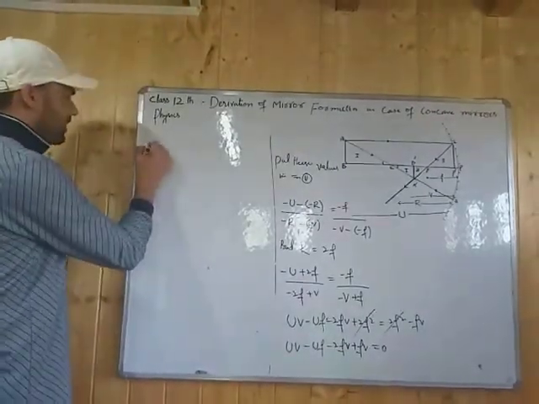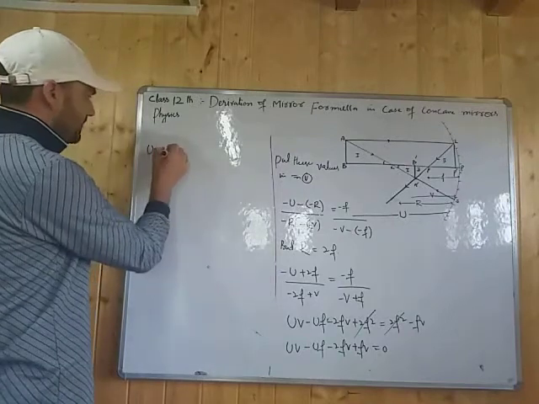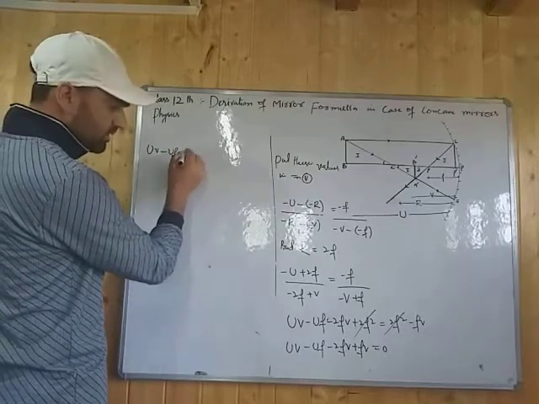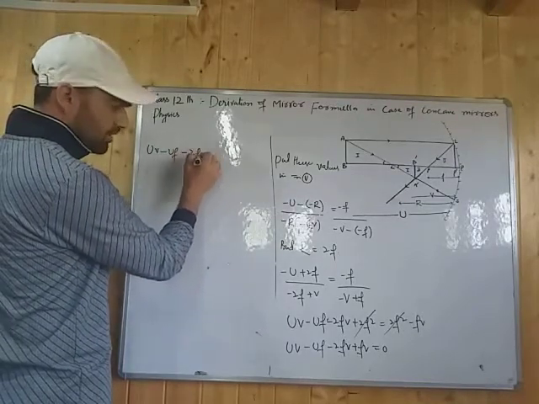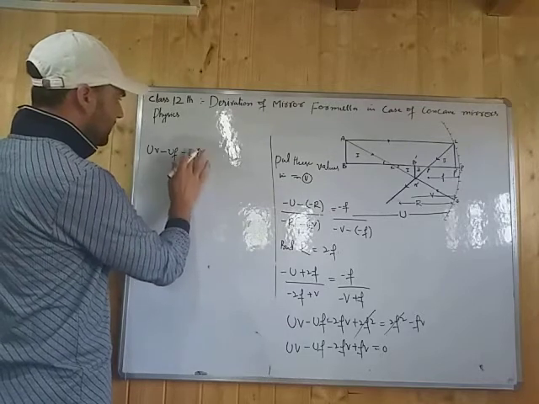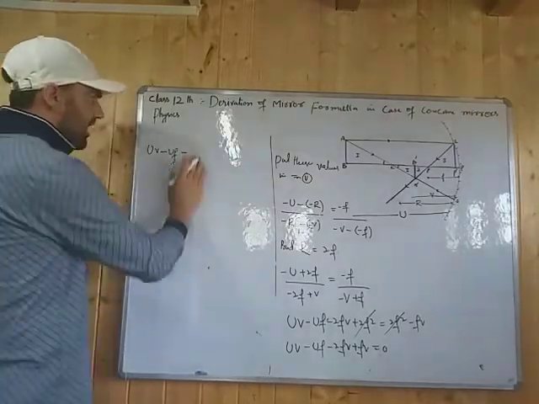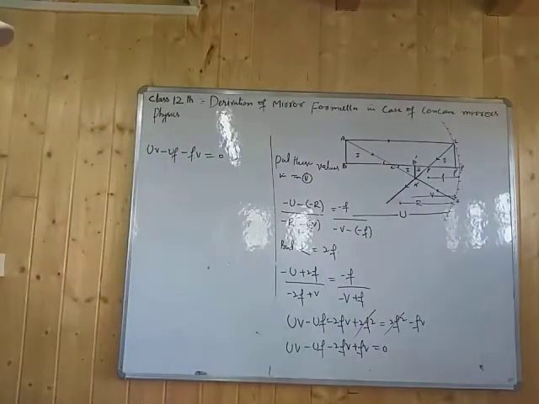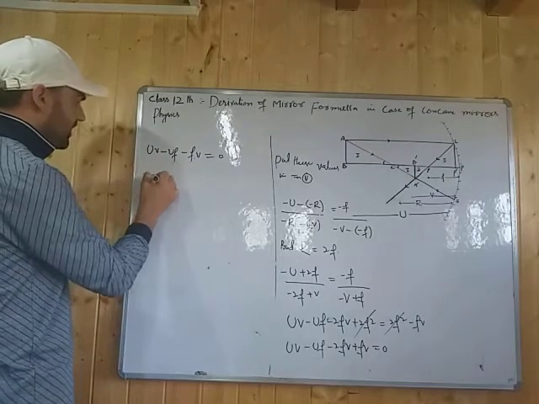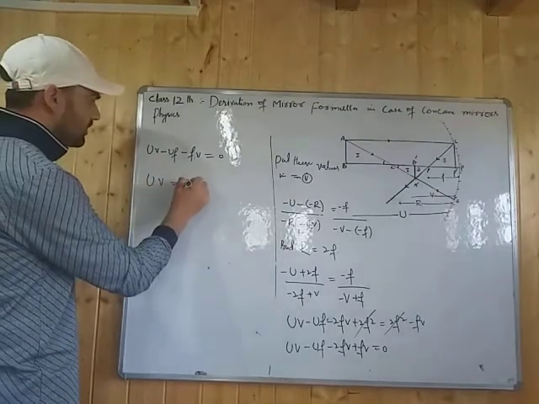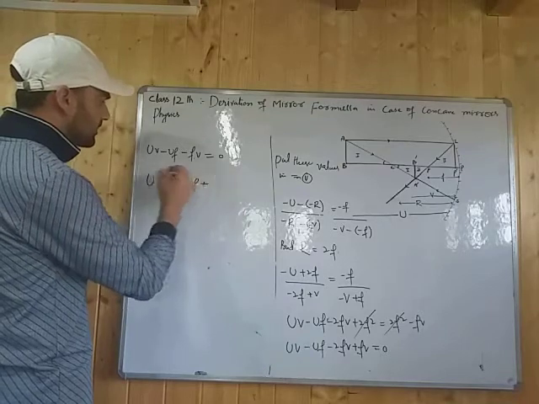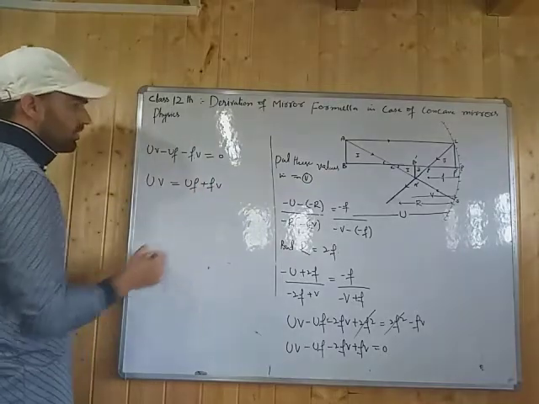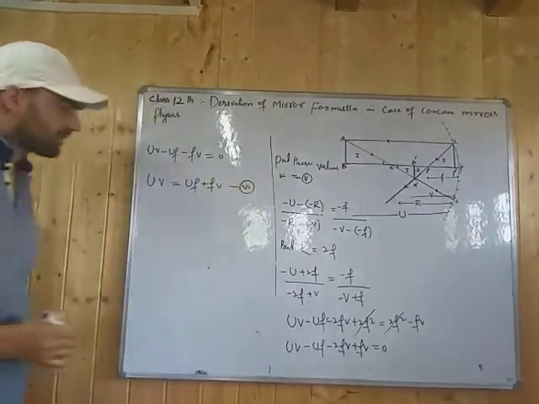So here it will be UV minus UF minus FV is equal to 0. Or we can write here UV is equal to UF plus FV. So we'll take these two on this side. So this will be equation sixth.